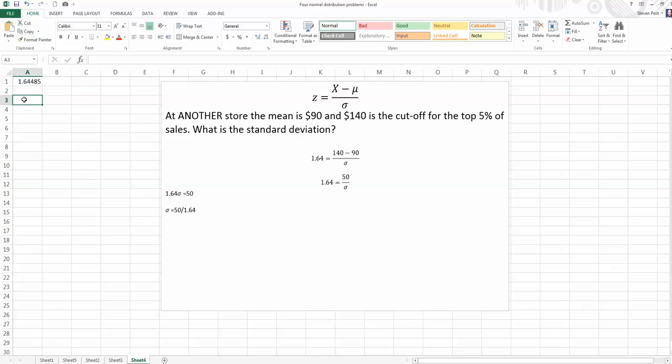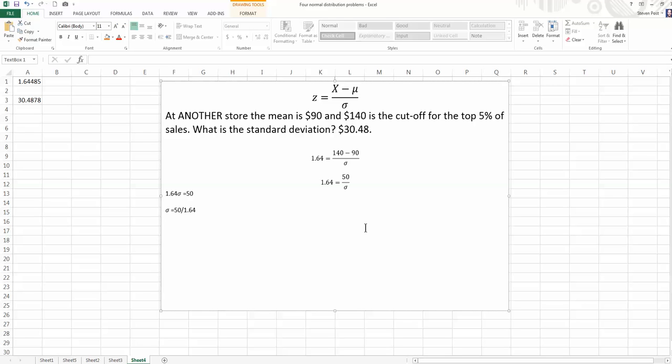So let's figure out what that is. 50 divided by 1.64 is $30.48, almost exactly what it was before, in fact. Standard deviation, $30.48.